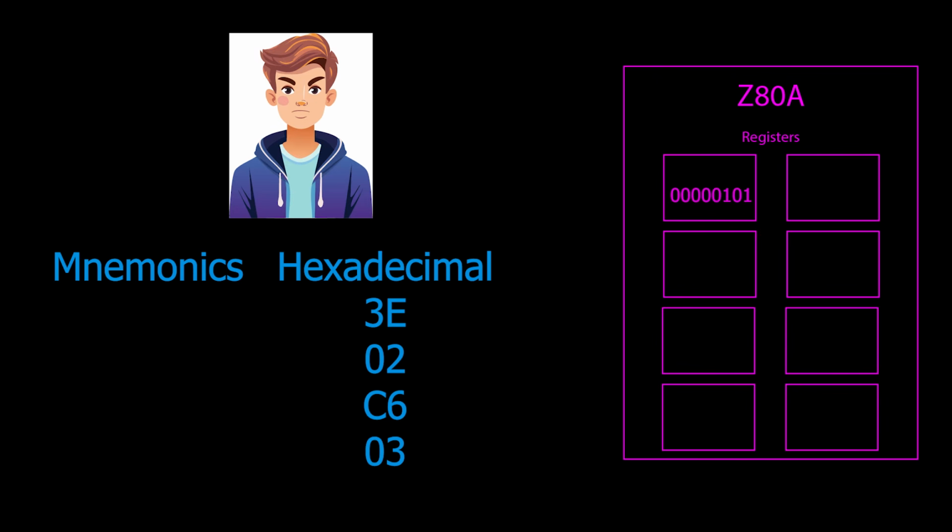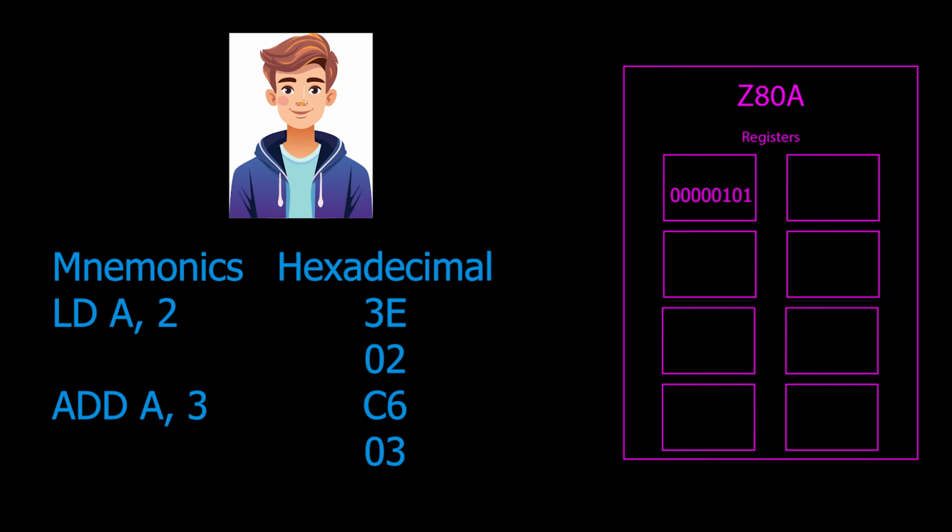If we were to use the mnemonics for our short routine with the equivalent hex codes next to them, it would look like this. Now add is fairly self-explanatory. LD may be less so until you understand that it's short for load. In other words, this instruction is saying load the number 2 into the accumulator A.